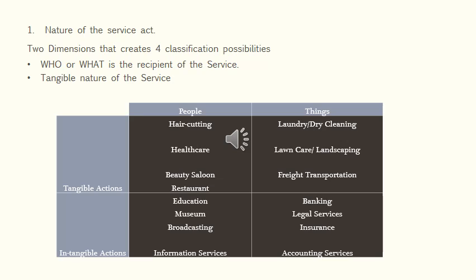For things, they are like laundry, dry cleaning, lawn care, freight transportation. Intangibles directed at people include education, which is learning, museum, broadcasting, information services. The things we do, like banking, legal services, insurance, accounting services, are intangible actions.